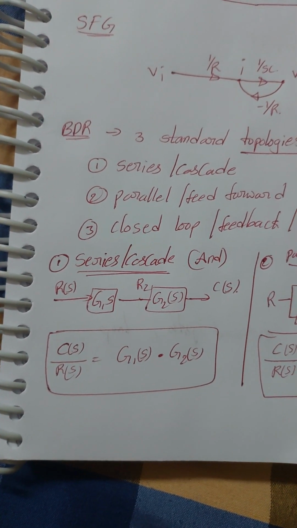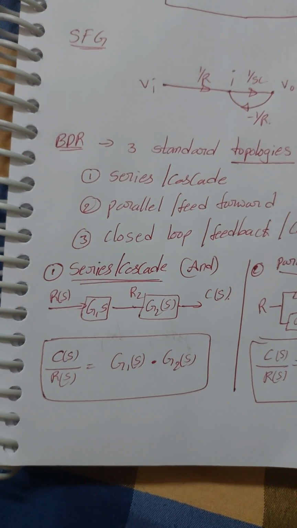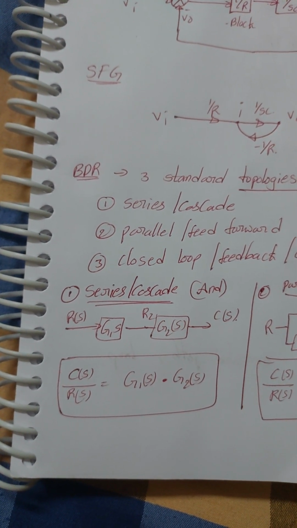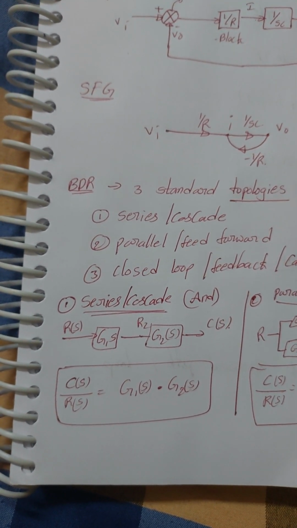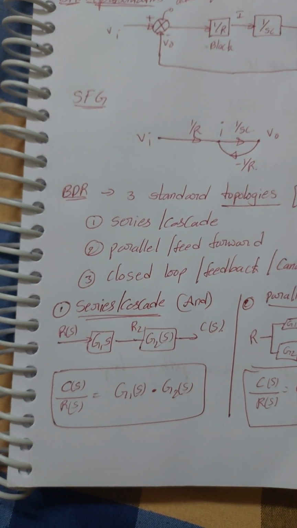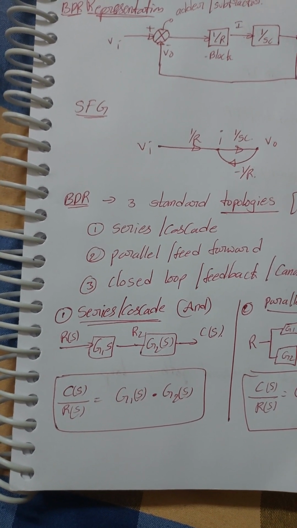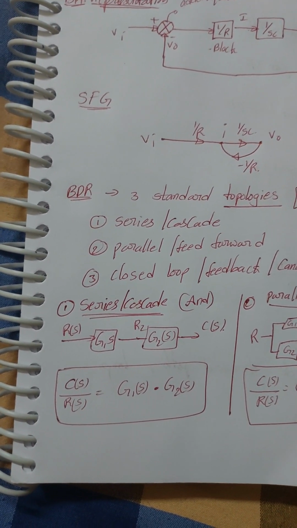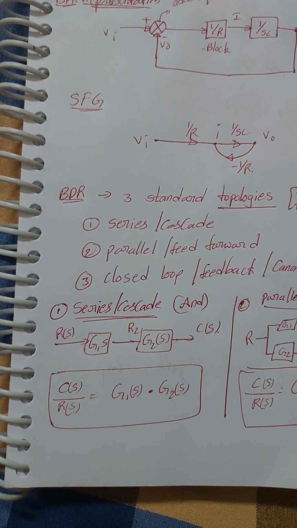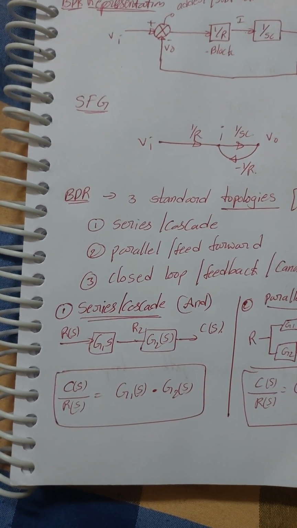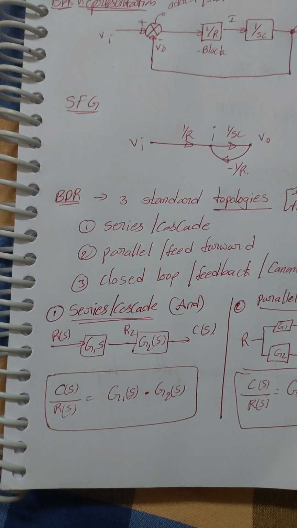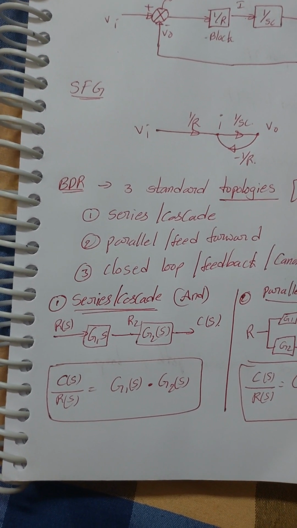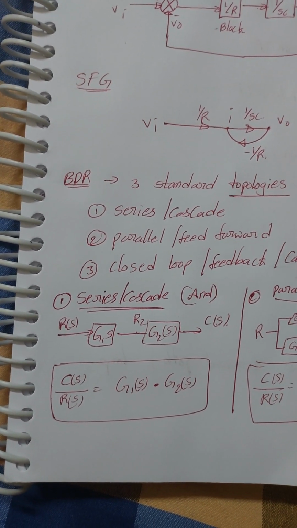We see the representation: R of S input, C of S output, in between G1 and G2. What is the transfer function? Transfer function is the Laplace transform of output by the Laplace transform of input with 0 initial conditions. Here the output is C of S, input is R of S, so C of S by R of S. Here we use series connection, that's why we multiply the blocks G1 of S into G2 of S. This is series connection.